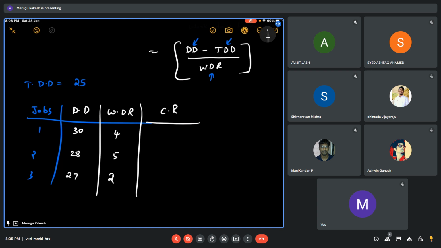In the first case, we will calculate critical ratios for everything. So in this case, we get 30 minus 25 by 4. Similarly, we will do for the other jobs also. Then we will see whichever has the minimum critical ratio, and we will select that.